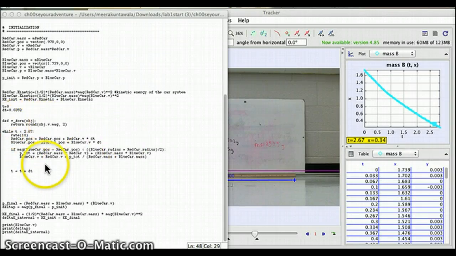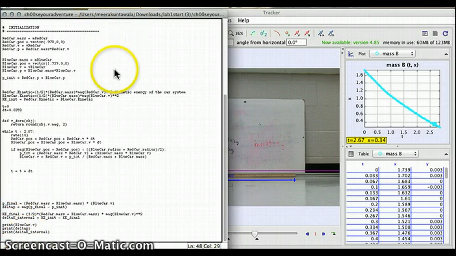Below that is the time loop that helps update the position using Newton's second law, and then also the total change in momentum and what it's equal to. And then below here, I calculated my final momentum, what it should be, the final kinetic energy, and then the print statement.